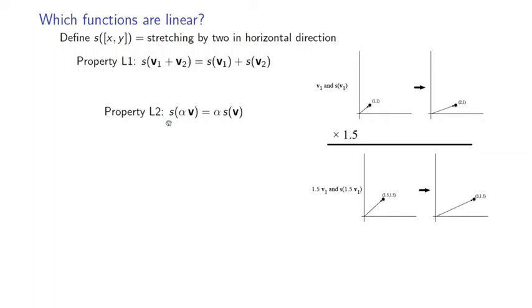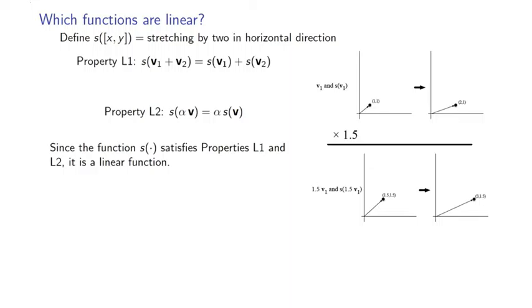This shows that s(1.5 v1) is the same as 1.5 times s(v1). This isn't a mathematical proof, but it illustrates how you would go about proving this. And since the function s satisfies properties L1 and L2, it is a linear function.